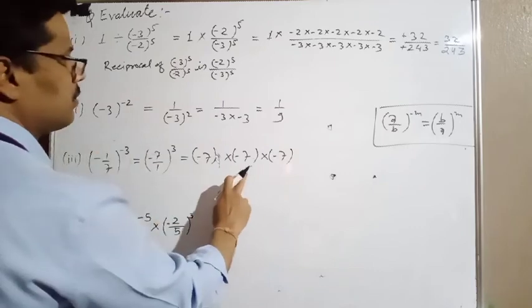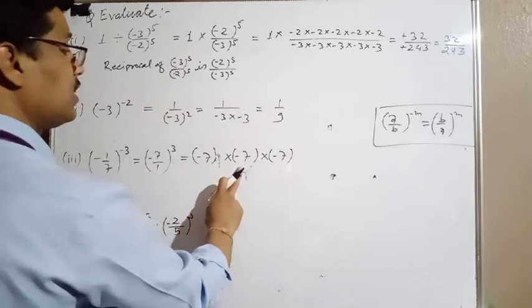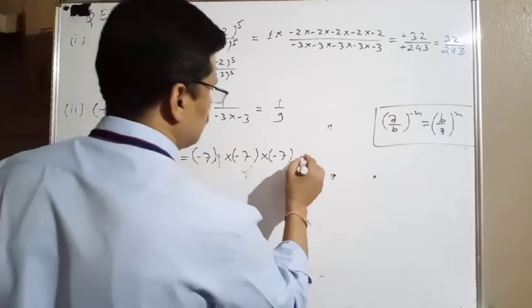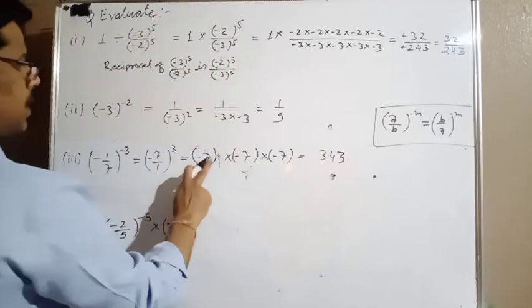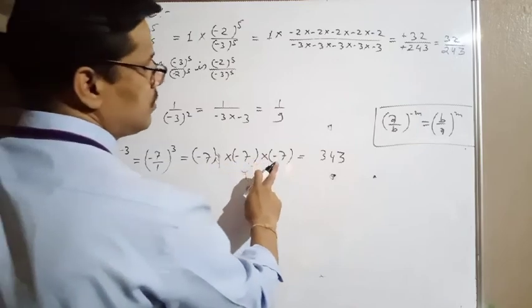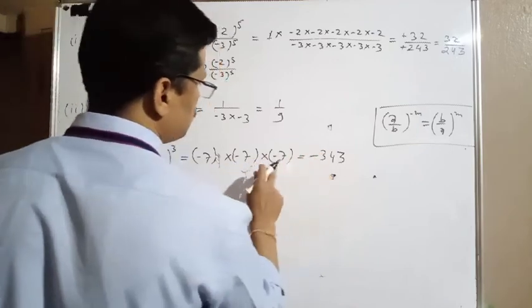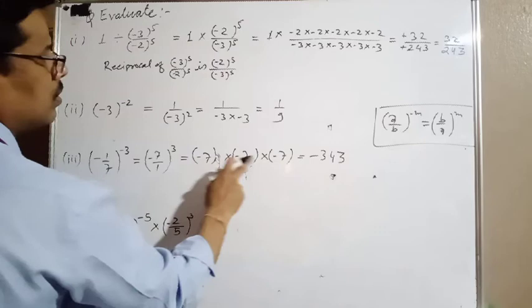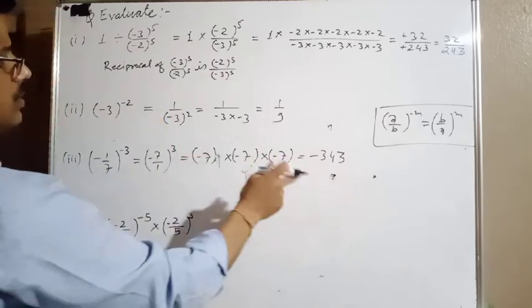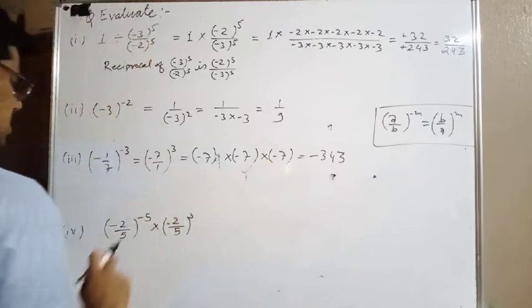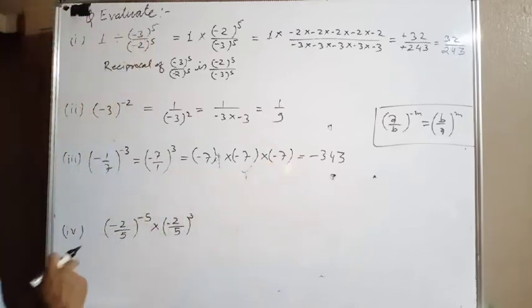Now you can multiply: 7 sevens are 49, and 49 multiplied by 7, so what do you get? 343. Now what will be the sign? Minus minus becomes plus, plus times minus becomes minus. So which sign do we have to put? Minus, since 7 appears 3 times with a negative sign. So the negative sign will come because it is an odd number of times.